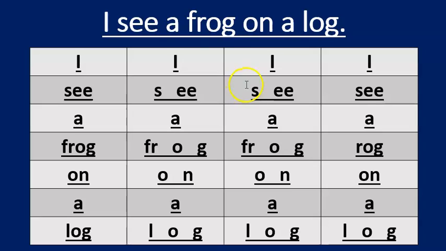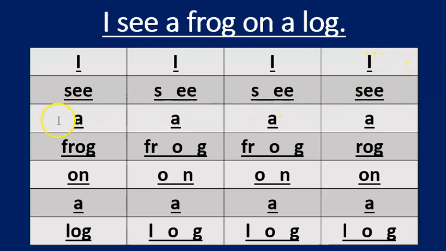Ready? Go. Sound it out again. Ready? Go. One more time. Sound out the word. Ready? Go. Now, boys and girls, what's the word? What's the word again? See. Let's read from here. Read it with me. I see.